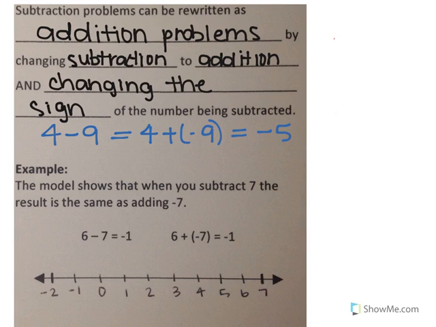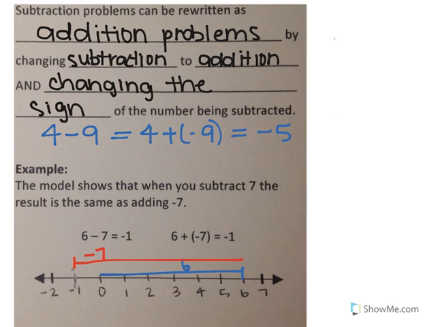Another model we can use to show this is a number line. This model shows that when you subtract 7, the result is the same as adding negative 7. So you can see when I combine positive 6 and negative 7, the result is negative 1.